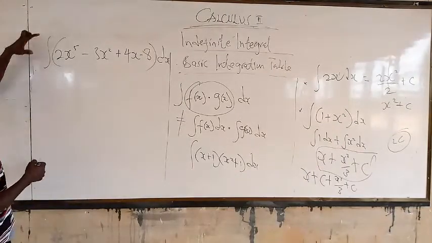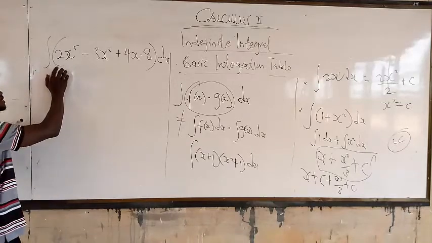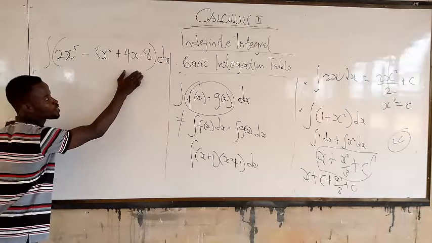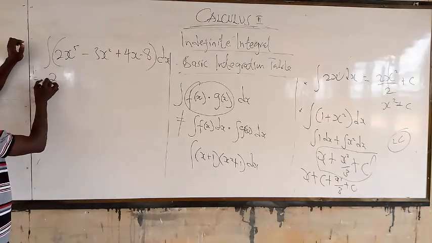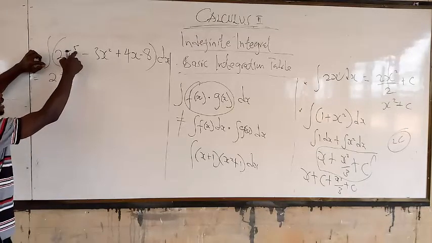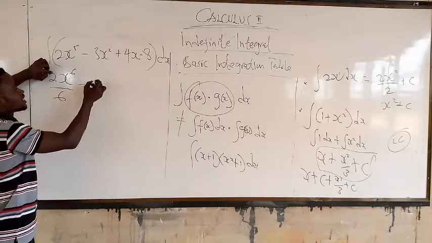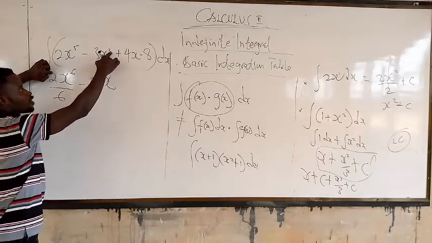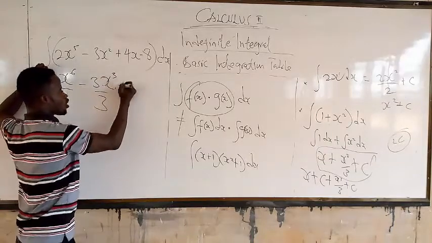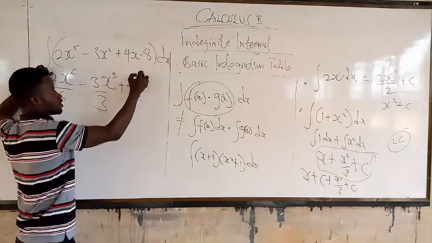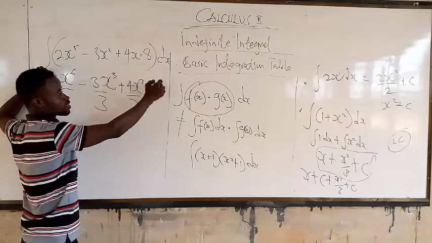So now you can do the term by term here, by not repeating the integral of this, integral of this, integral of this again. You know that when you are integrating this, you write s to the, so you add 1 to this, you get 6 divided by 6, minus 3s, add 1 to this, you get 3 divided by 3, plus 4s, add 1 to it, divided by 2, minus 8. 8 is a constant, so 8x.